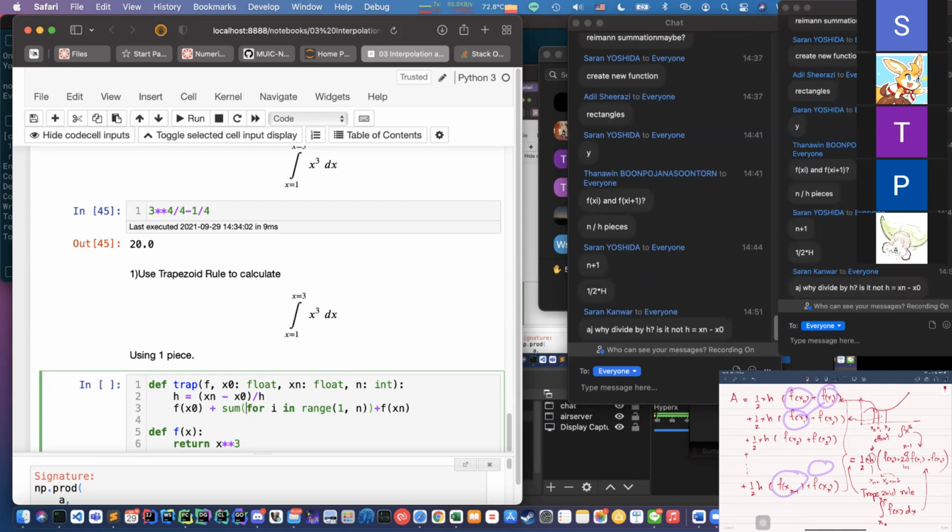No, because we divide them into many pieces, right? Let's say you divide them into 100 pieces. h is going to be that number divided by 100. Oh, by n, not by h.